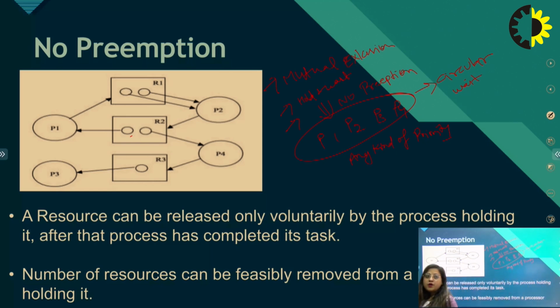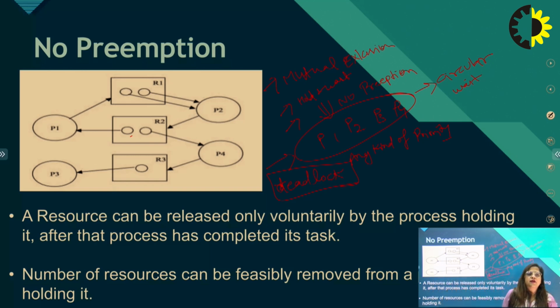If these four conditions occur in any scenario, that time we can say that the deadlock condition occurs. If any one of these four conditions does not occur, then the deadlock condition does not occur.